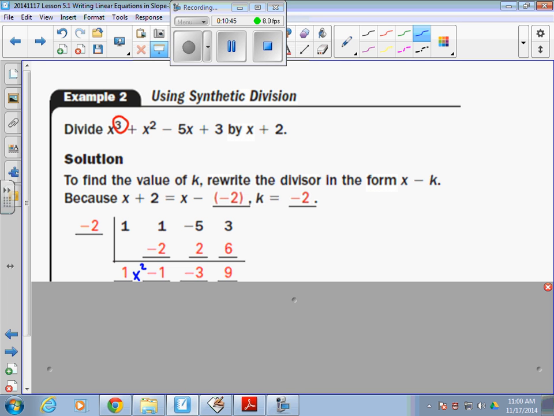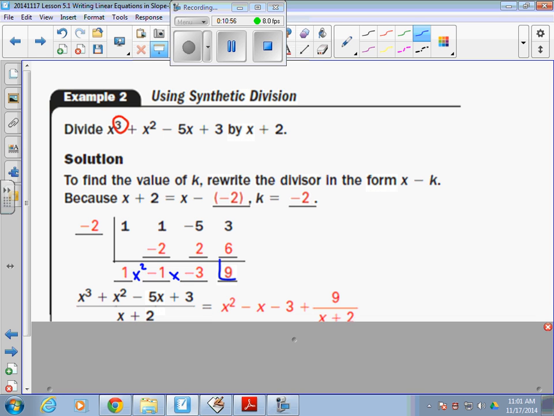Then we're just going to count down. This is going to be x to the first power. Then there is no more x coefficient. Therefore, this one is your remainder. And watch what we have.